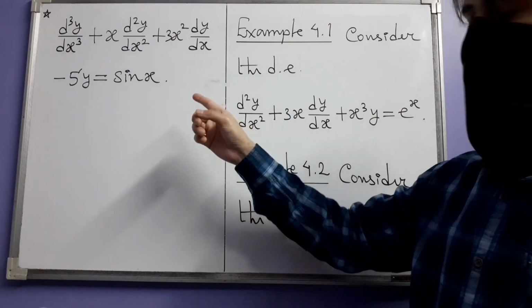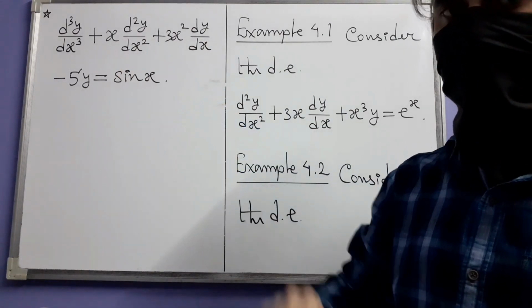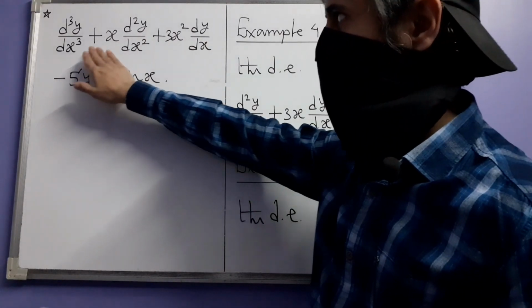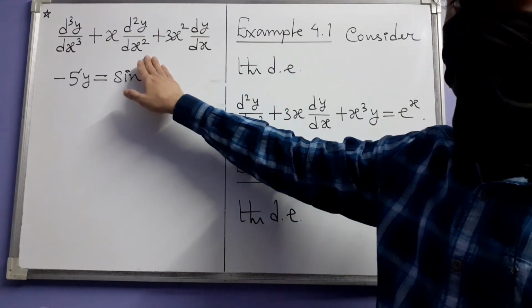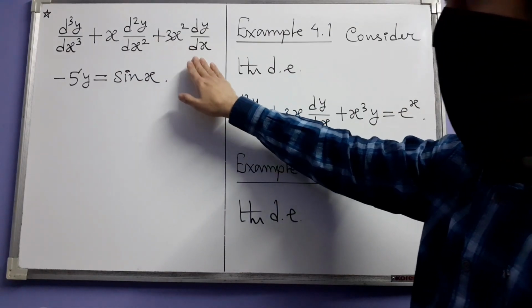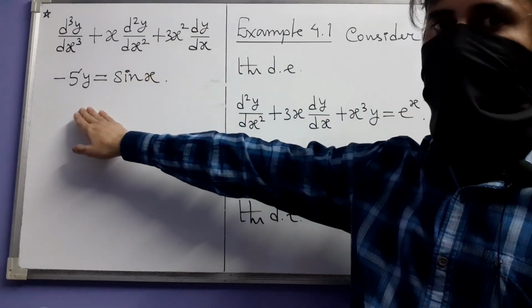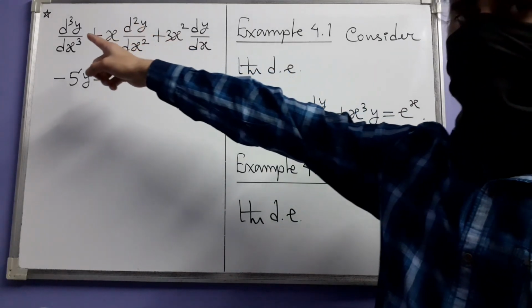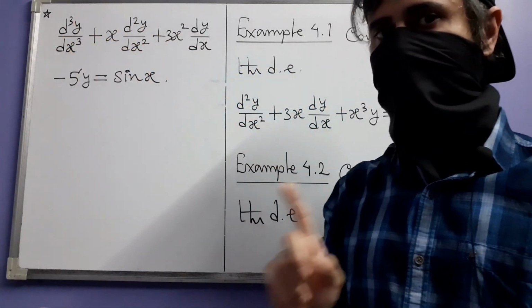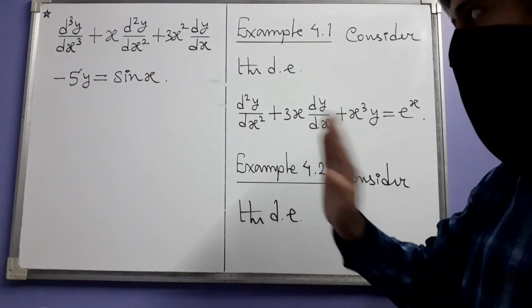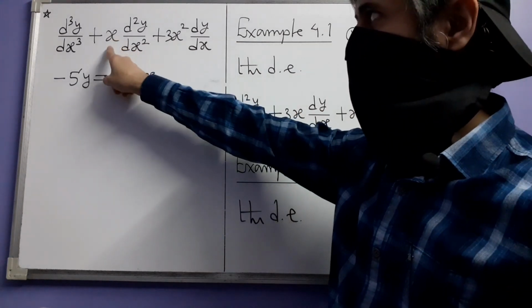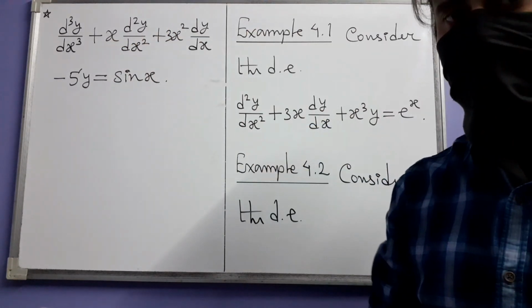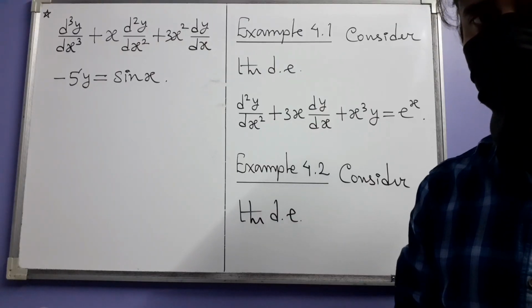And here is another example. This one is of order 3. Third derivative plus x times second derivative plus 3x squared times first derivative minus 5y equals sin x. Here also the first coefficient is the constant function 1, just like this one. Then the second and third one are polynomials, so they are continuous.